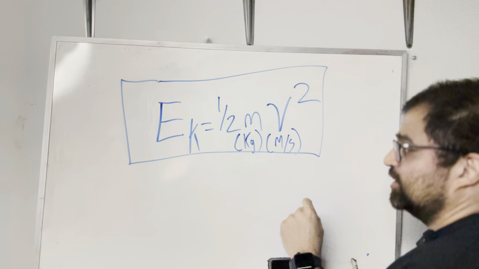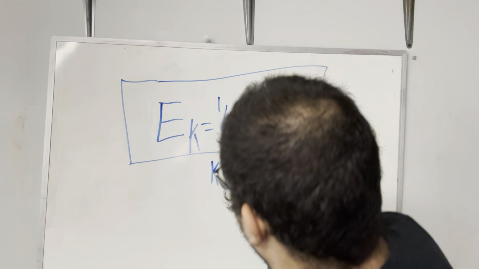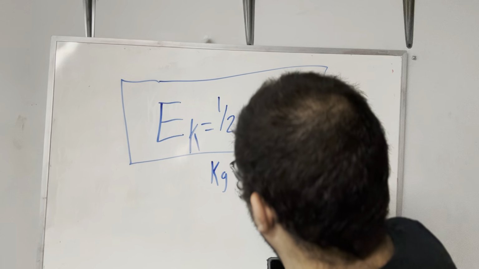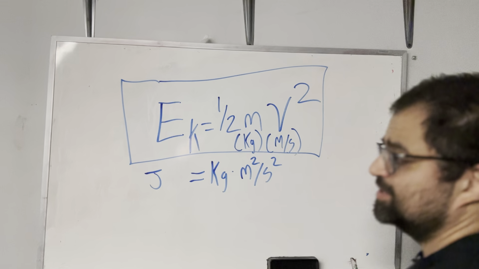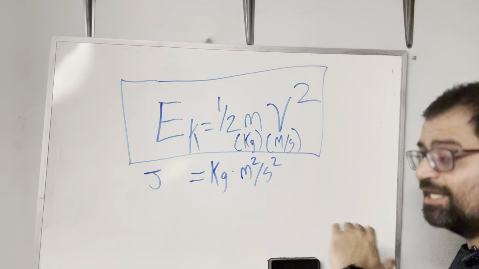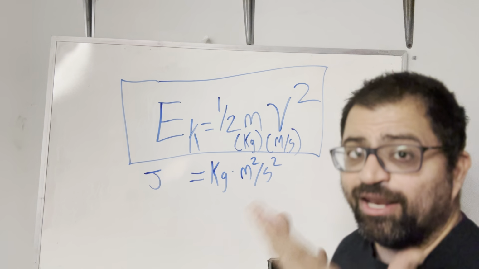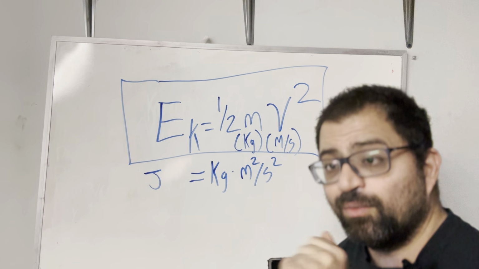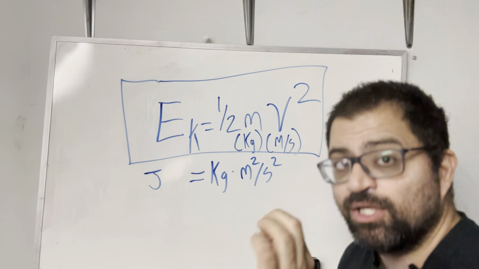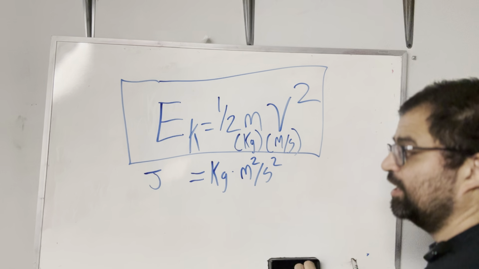But when we square this, we end up with kilograms times meters squared over seconds squared. How does that come out to equal joules? If it doesn't, then this formula is fluff and I made it up and I'm just throwing it at you. But we have to make sure that it actually works in a real sense. So let's see how that works.